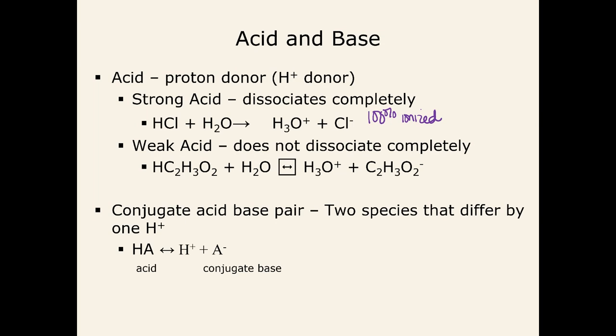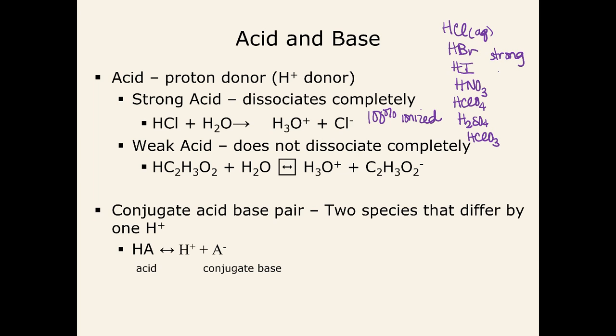There are only a few strong acids: HCl, HBr, HI, HNO3, HClO4, H2SO4. Some textbooks include HClO3. Okay, so these are our strong acids.